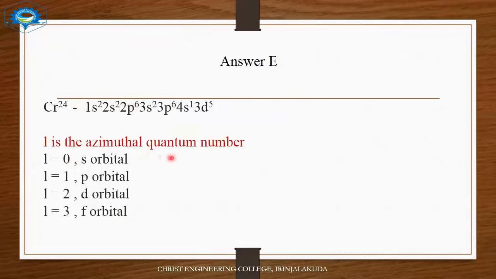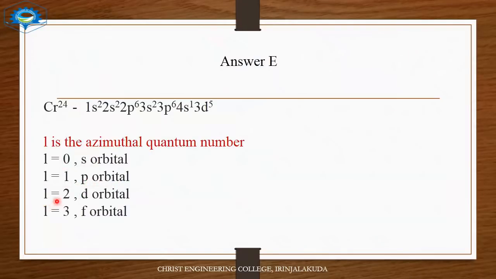Then, what is an azimuthal quantum number? We know that L represents the azimuthal quantum number, and from the L value we can understand the shape of the orbital. That is, if the value of L is equal to 0, the orbital will be an s orbital.